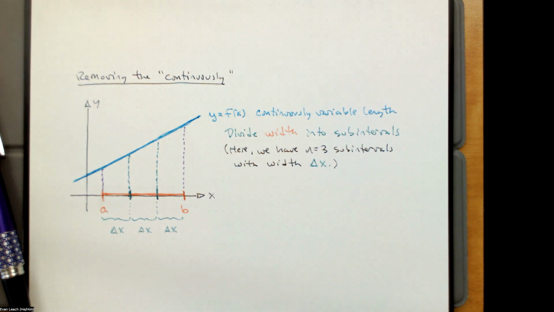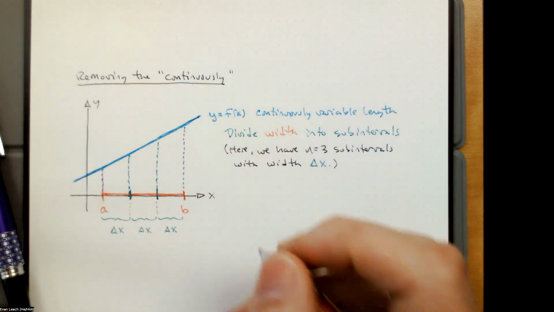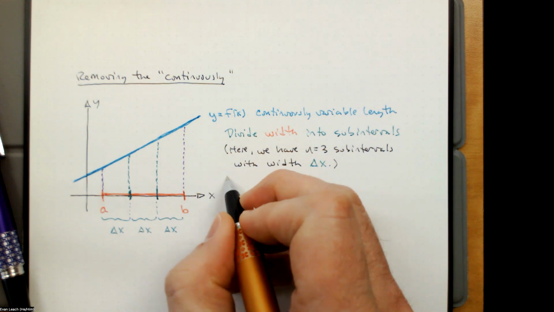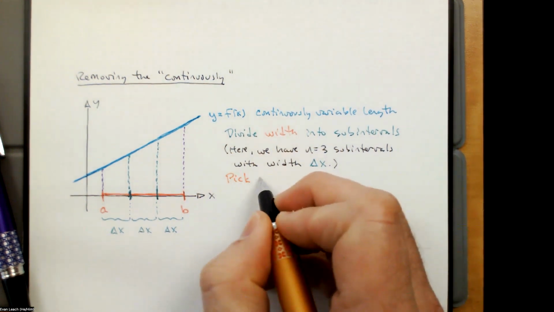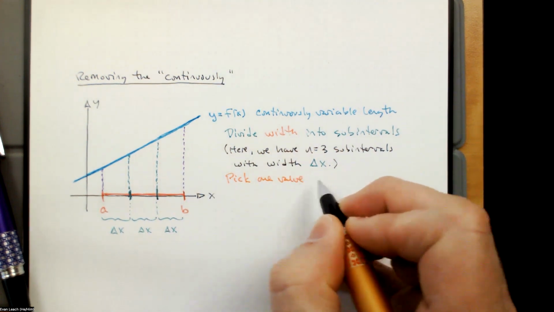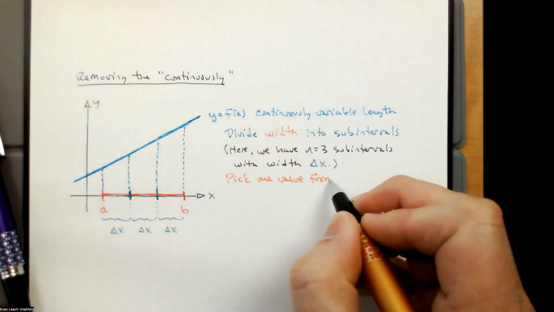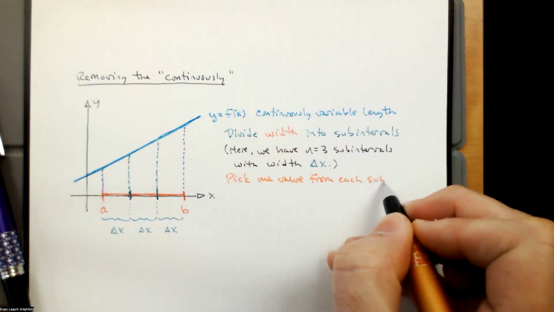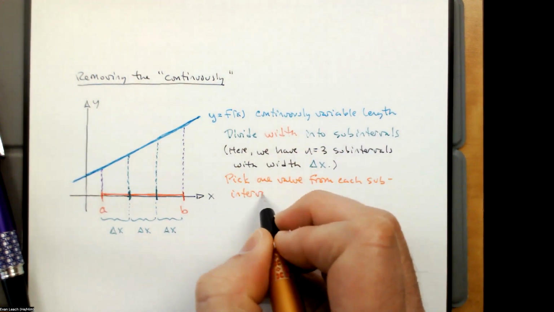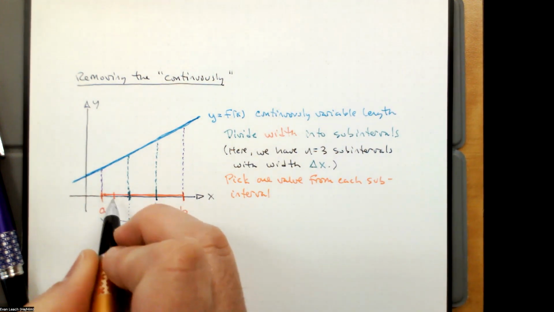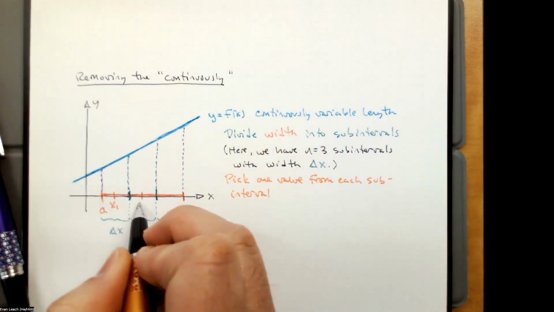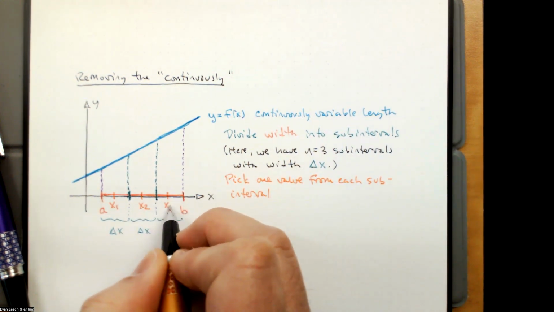To each of these subintervals, I'm going to pick one value from the function on each of those subintervals. So x1, here is x2, here is x3.